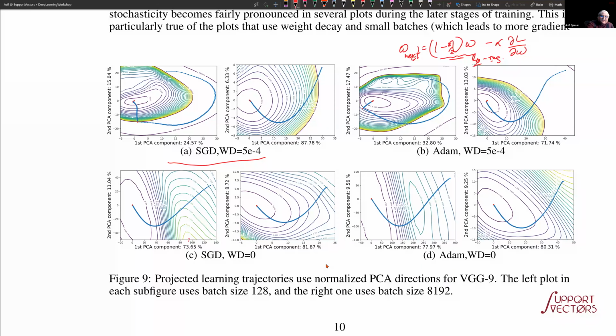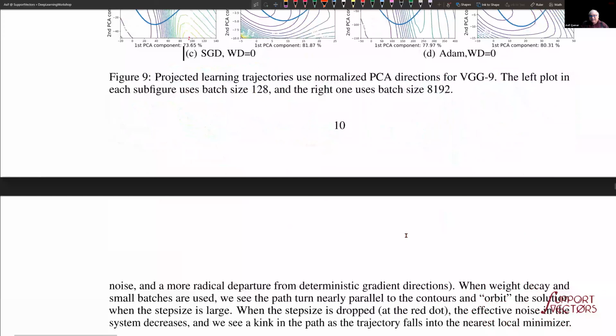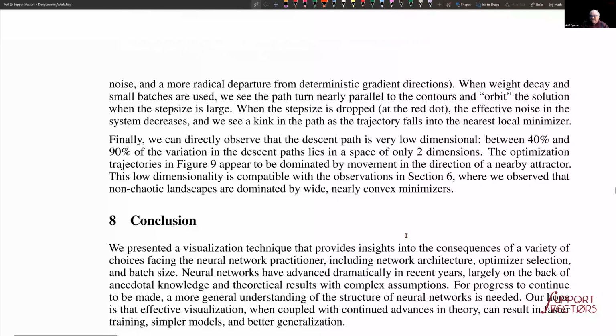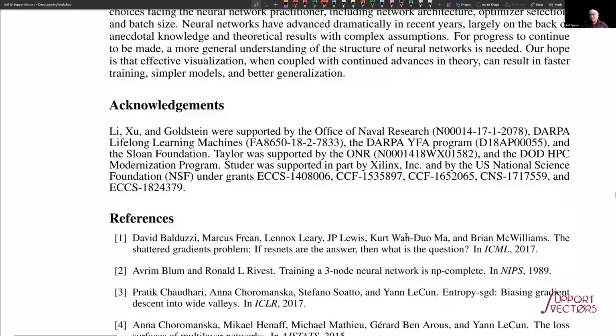Things look much better in these pictures. So when you have proper weight decay, it's a good idea, because your loss surfaces look better, and at least locally, in a certain region close to the minima, they seem to have a nice shape. That's it, the paper is over.